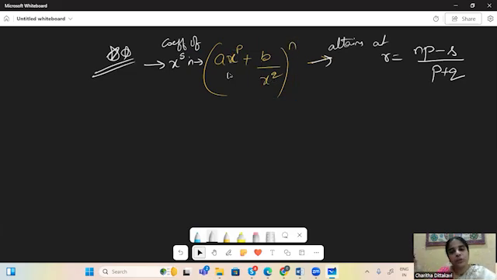I might need the coefficient of x to the power 8. So what do I do? I cannot keep checking every term there, isn't it? So coefficient of x power s in (ax power p plus bx power q) whole to the power n, where does it attain? Attained at which r is given by the formula (np minus s) by (p plus q), where s is the power which we need. Clear?